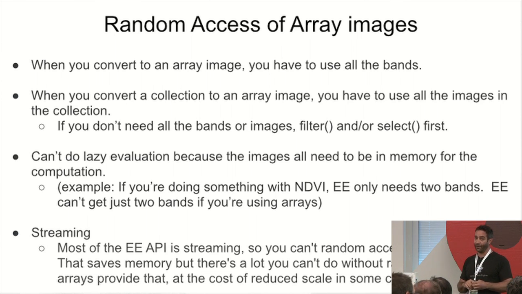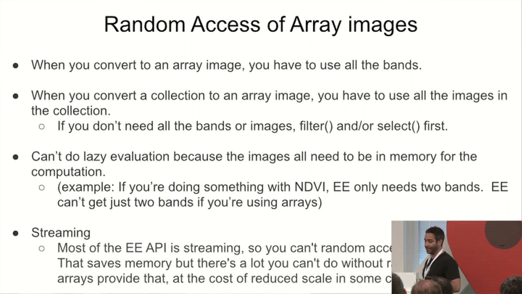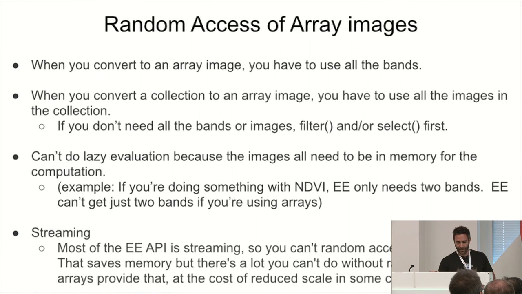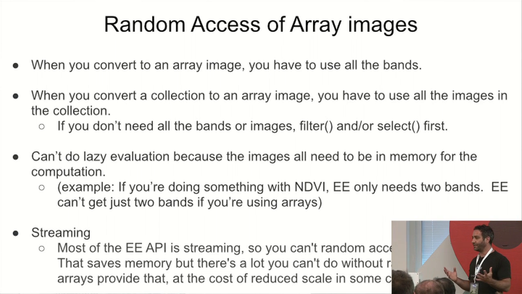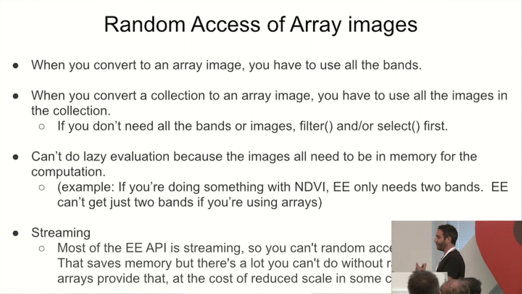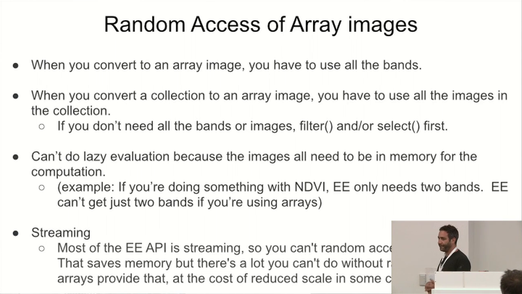When you call .toArray, it's going to do its best to load up all those images for each tile. You can't do lazy evaluation because all the images need to be in memory. Same problem that I just described. You have to load all this stuff preemptively in order to know the dimensions of things, for example.